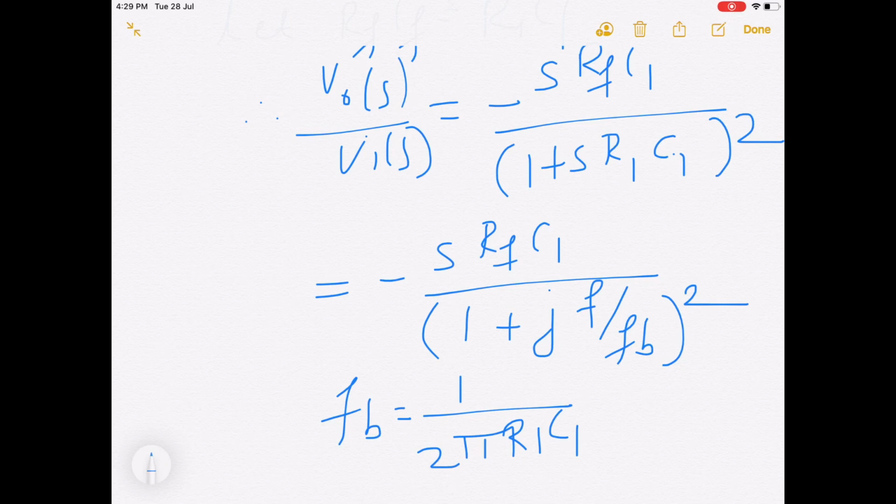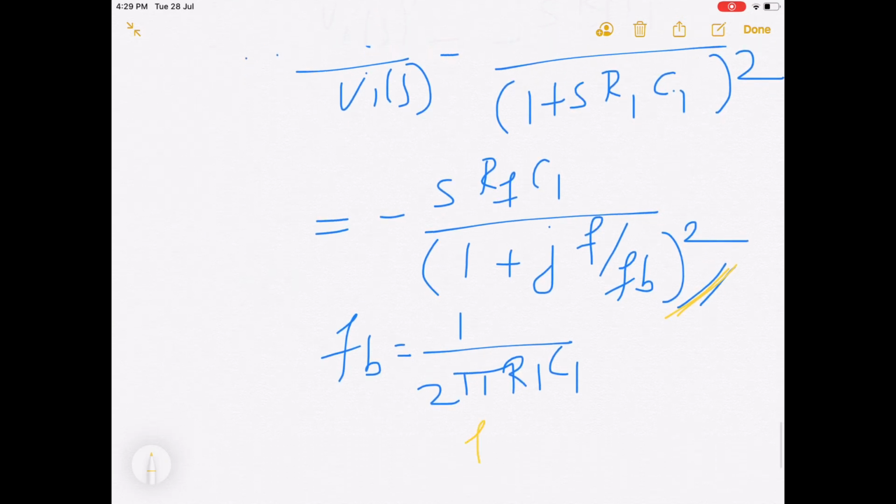This equation shows that the gain increases at 20 dB per decade for frequencies f less than fb, and decreases at a rate of minus 20 dB per decade for f greater than fb.